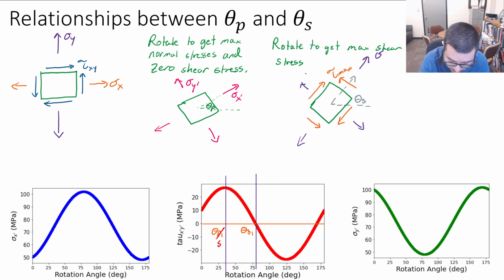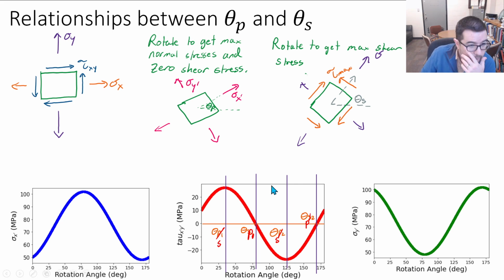This one we would consider to be theta P1, where it's crossing through 0, so we have corresponding maximum normal stresses. This one right here is not theta P2, but would be theta S2, because we've got a minimum shear stress down here. And then this one over here is not a theta S2, but a theta P2. My mistake.